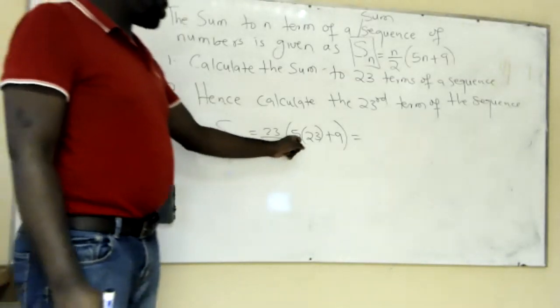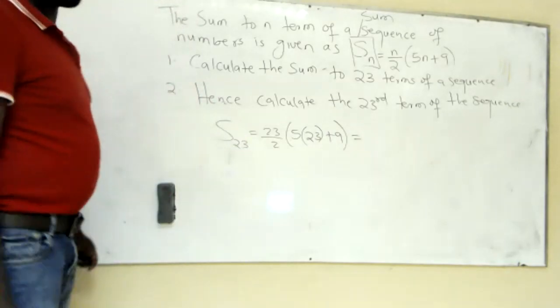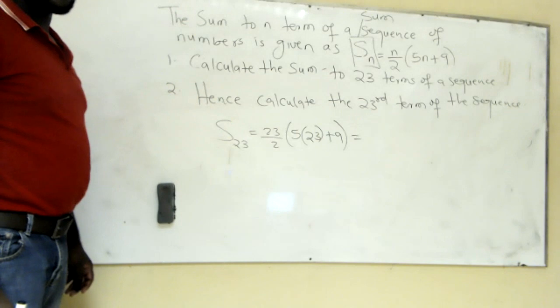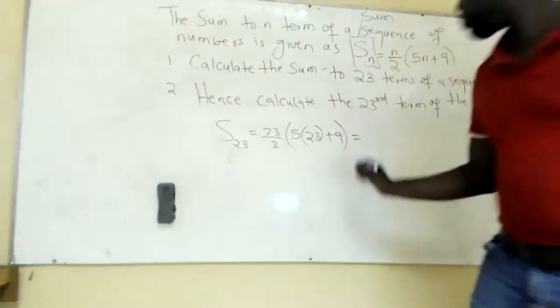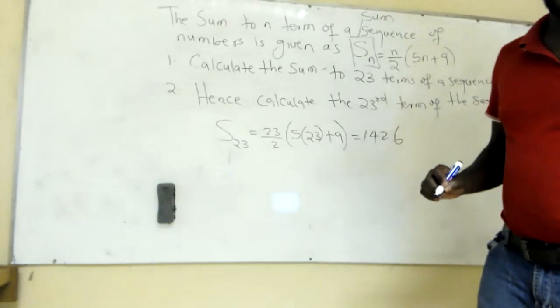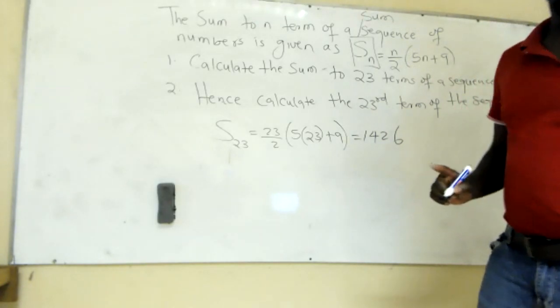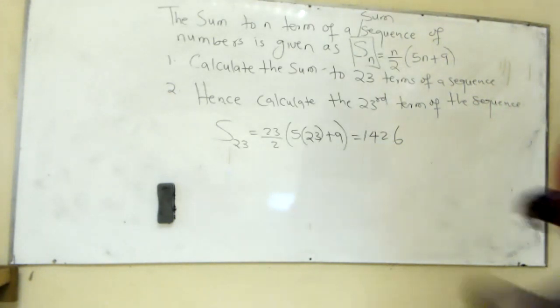What is 23 over 2 into 5 multiplied by 23 plus 9? It is 1426. Now we have answered the first question.